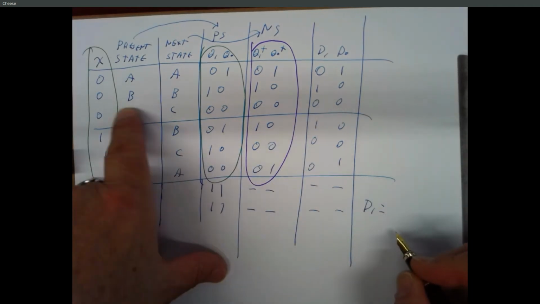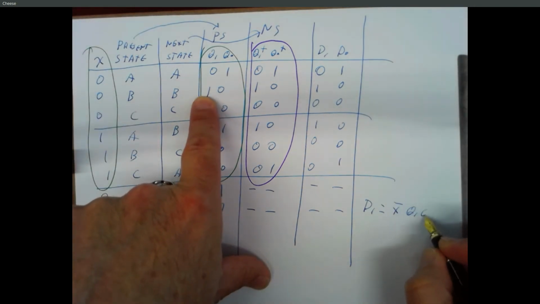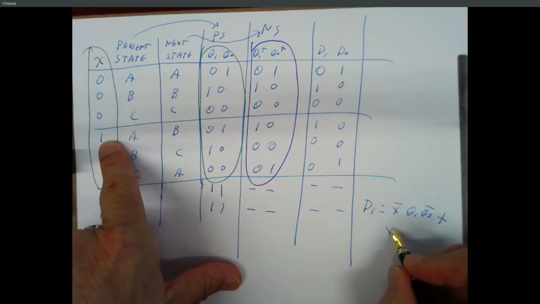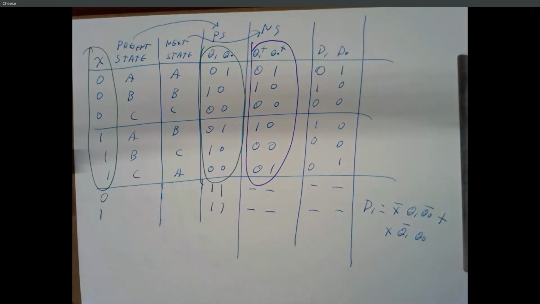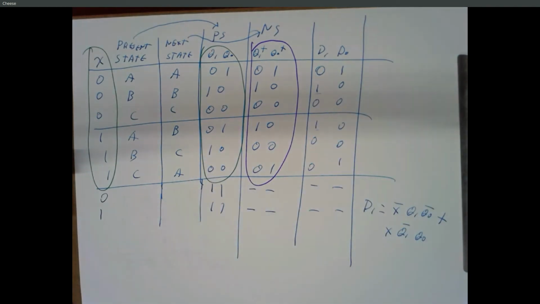D1 looks like it should be X bar, Q1, Q0 bar, or X, Q1 bar, Q0. Right, because those are the two rows where we have a 1 for D1.